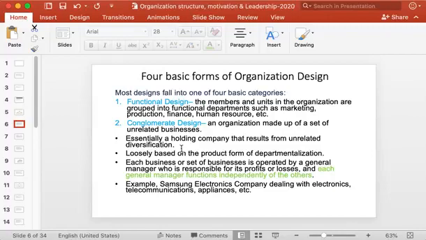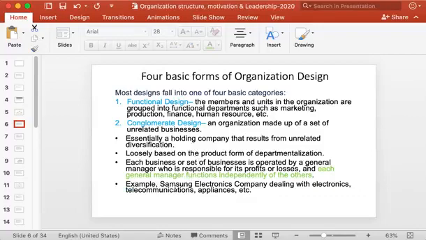Essentially, a holding company that results from unrelated diversification can be an example of conglomerate design.